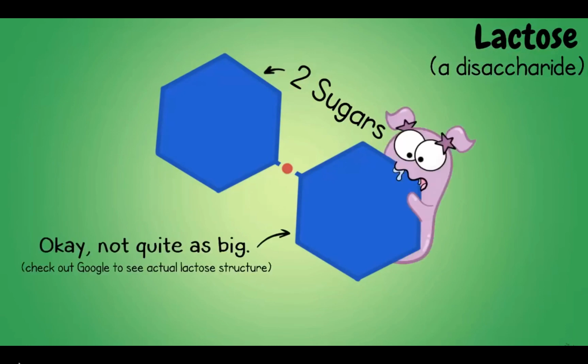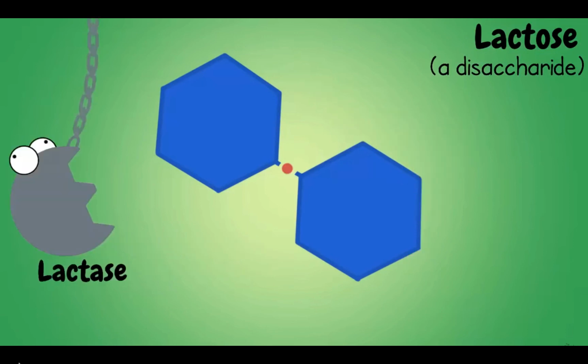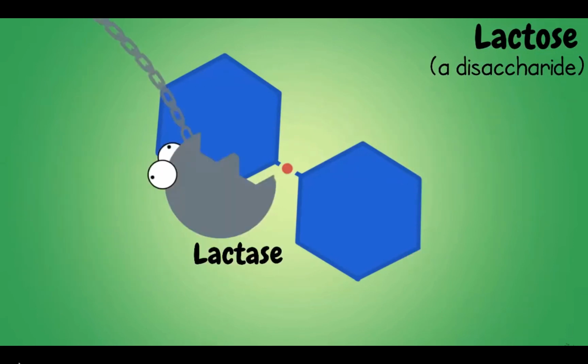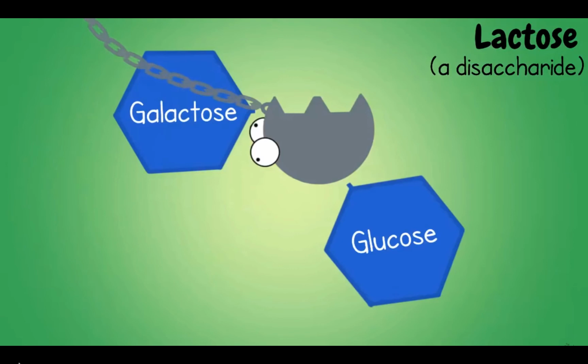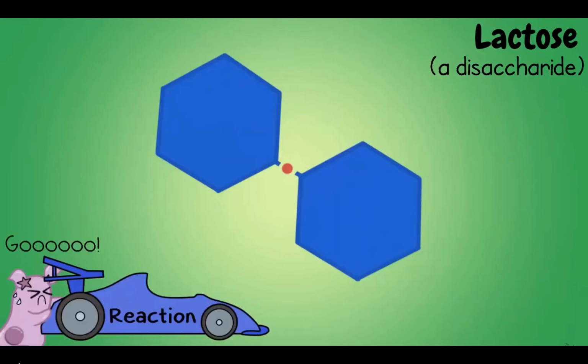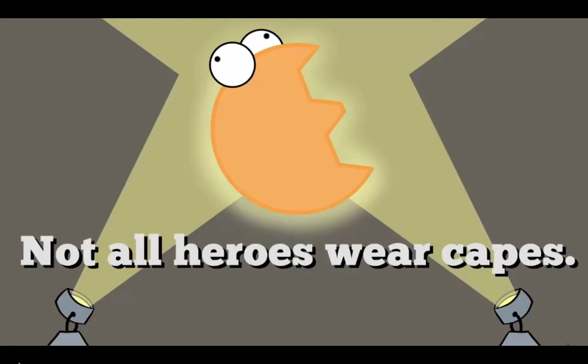We don't actually digest it so well in that form. It's big. The enzyme lactase has the ability to break lactose down into smaller parts that our body can digest. And this is a lot better option than waiting for a chemical reaction with lactose to happen spontaneously. Now, with the lactase enzyme, lactose can be broken down quickly and digested.